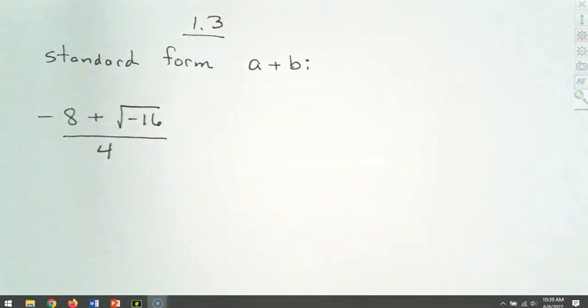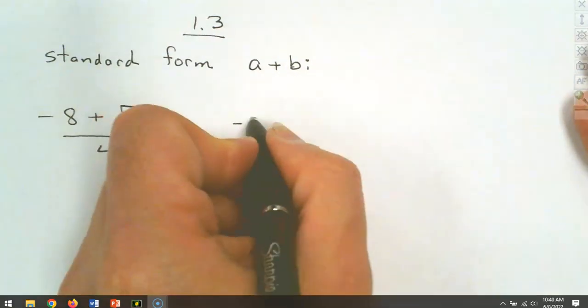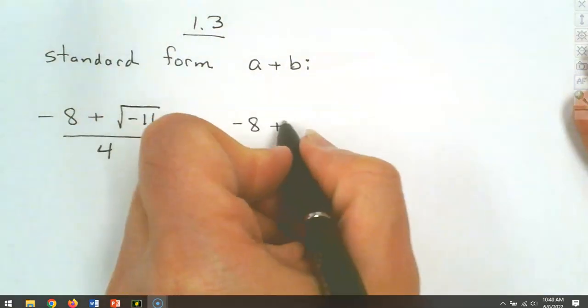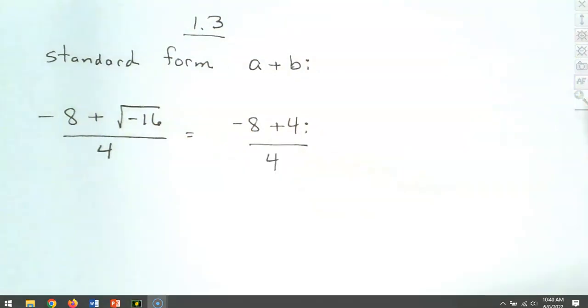Now, what we do is we go ahead and we break up our square roots. So what's the square root of that minus 16? Well, the square root of 16 is 4. So that's going to come out as a 4i. And I think this is easier than what we did before break, because we don't have to worry about i squareds. It's just break it up and then reduce.